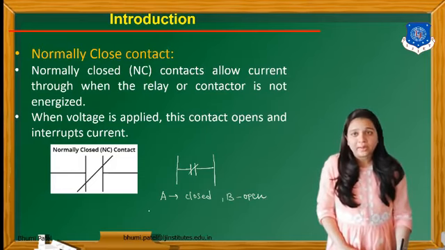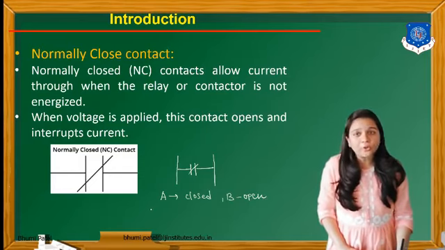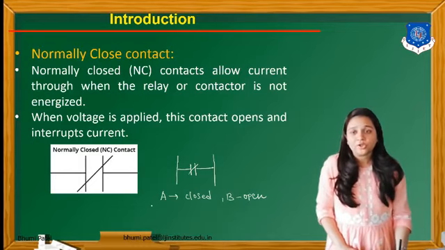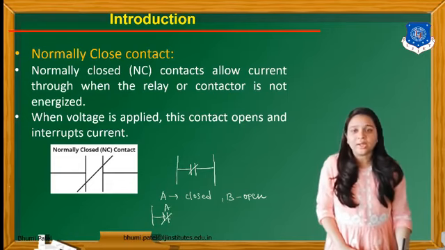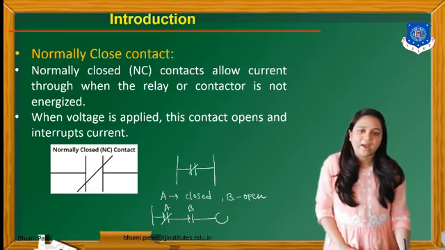So what is the ladder diagram using normally closed and normally open contacts? First of all, we put the A input as a normally closed contact, B as a normally open contact, and Y is our output signal.